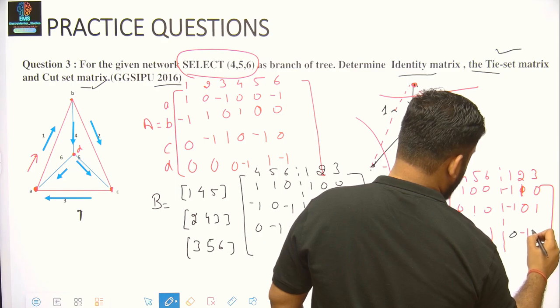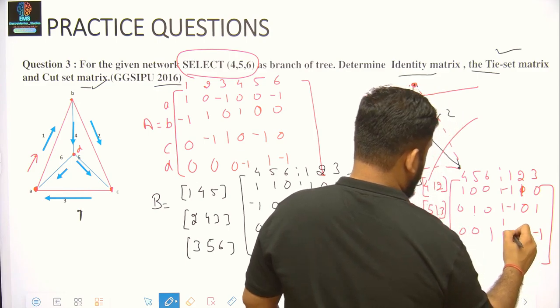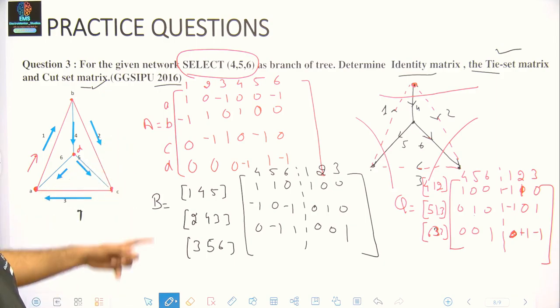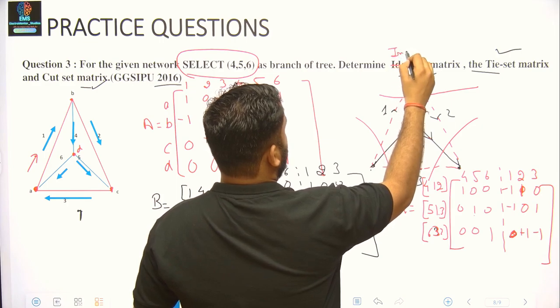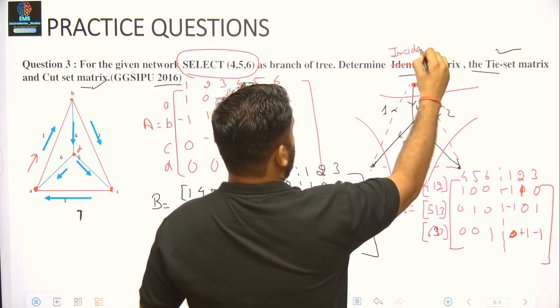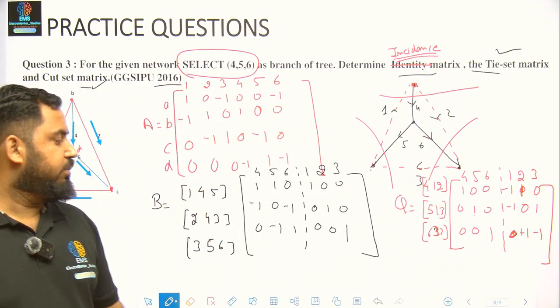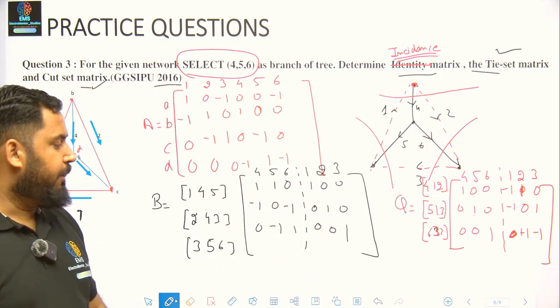So this is my incidence matrix, tie-set matrix, and cut-set matrix. I said identity matrix earlier, but it's incidence matrix. Pardon for this mistake.